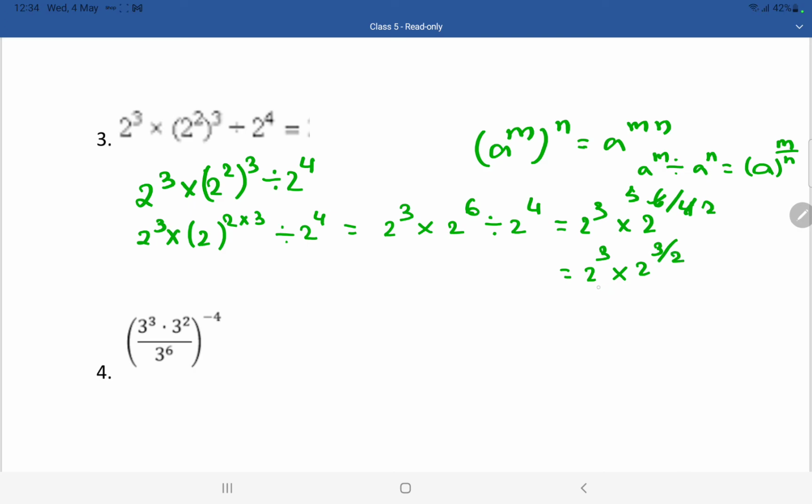Here the same bases and different powers, you need to keep the base same and add the powers. So what is 3 plus 3 by 2? 2 is the LCM, and 6 plus 3 is nothing but 9 by 2. This is the answer, children. 2 power 9 by 2.